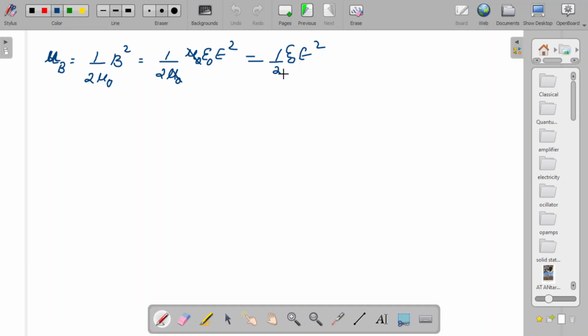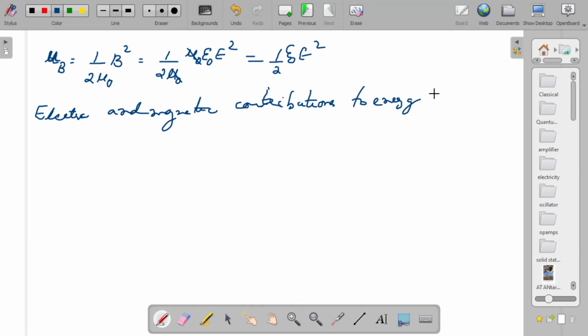So what does that mean? It means that both electric and magnetic contributions to the total energy density are equal. So I can say that the electric and magnetic contributions to energy density of an EM wave, right?